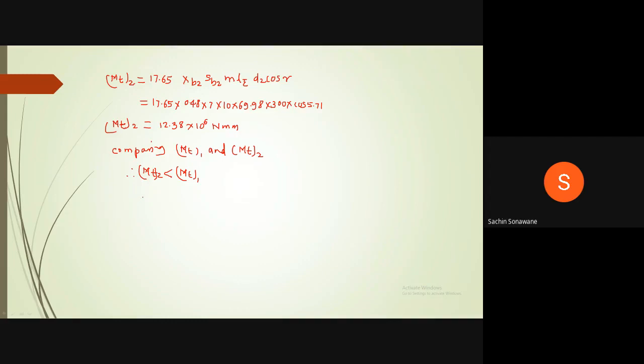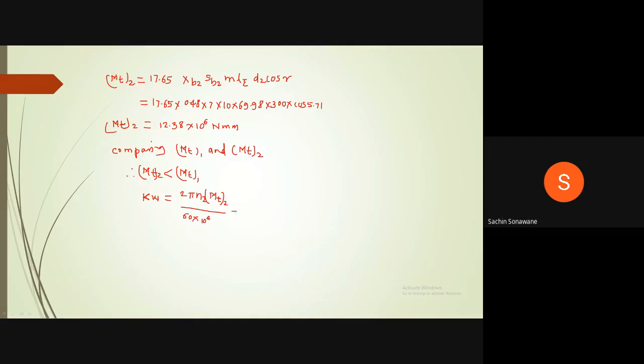Therefore, for calculation of power transmission, we will take kilowatt is equal to 2 pi N2 into MT2, because MT2 is there, that's why we have taken N2. If MT1 was there, we may have taken N1. Divided by 60 into 10 raised to 6.